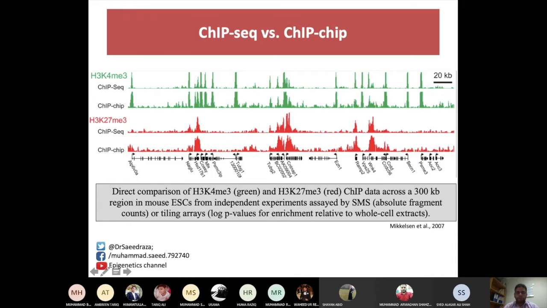That is why it is called H3K4 trimethylation. So an antibody which could identify this was used to go for the ChIP technique.